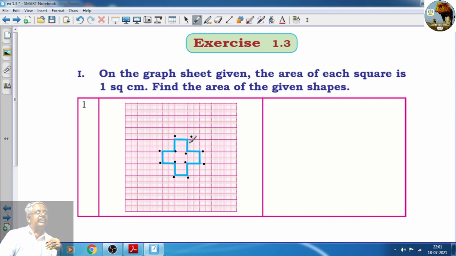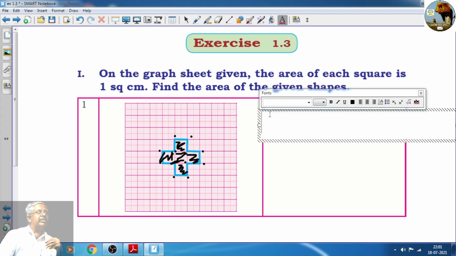If I consider the area of this figure, I should start shading it first. So let me shade the first one, then the second one, then the third one, then the fourth one, and then the fifth one. So what am I supposed to write here?